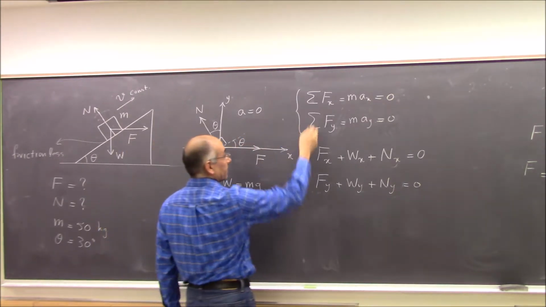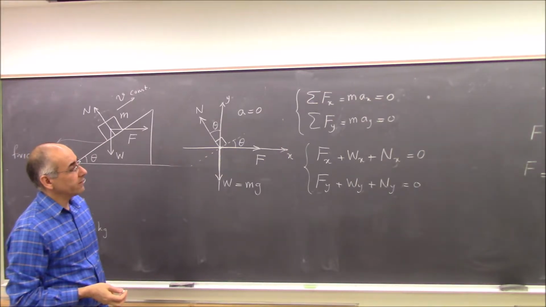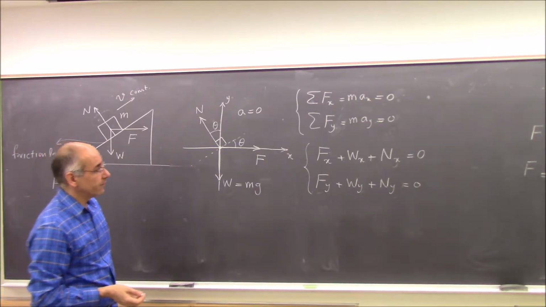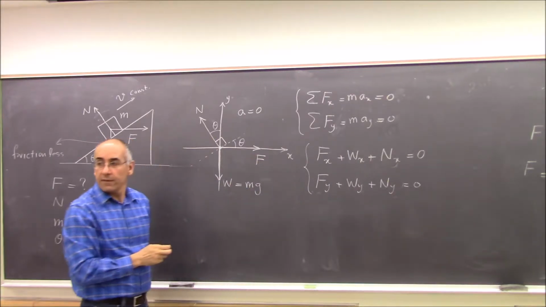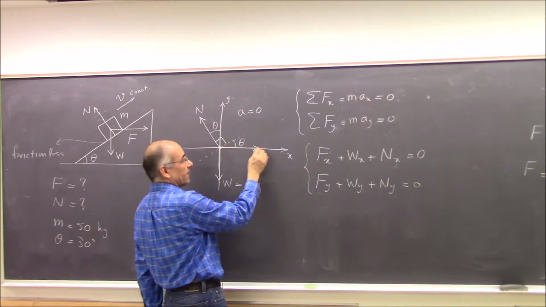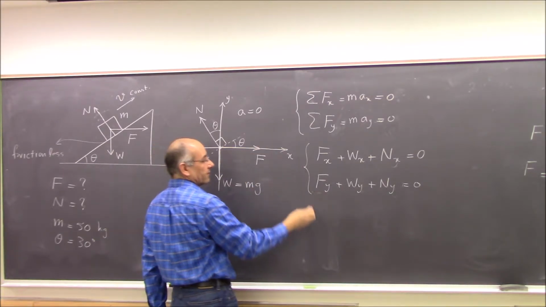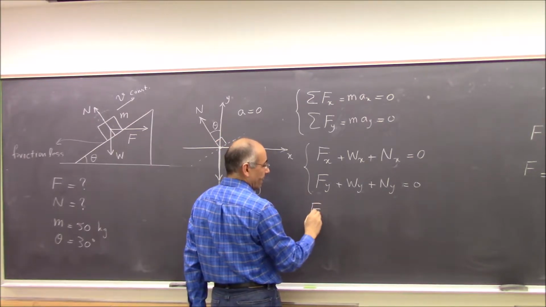That's what these two equations say. But then we write each one in terms of its magnitude. What is Fx? F cosine theta. What is theta? F cosine 0. Cosine 0 is 1. So F is in the positive x direction, and Fx becomes simply the magnitude F.